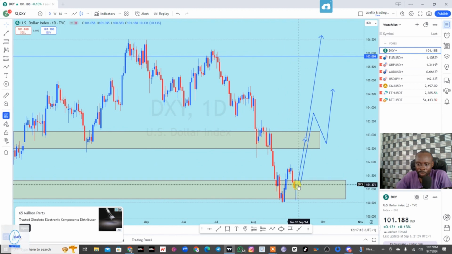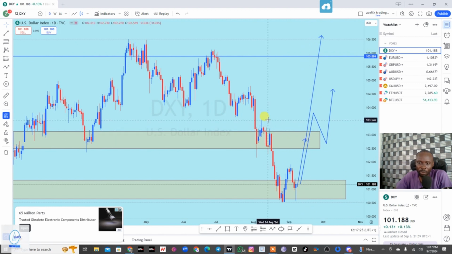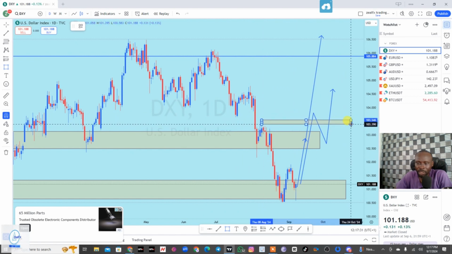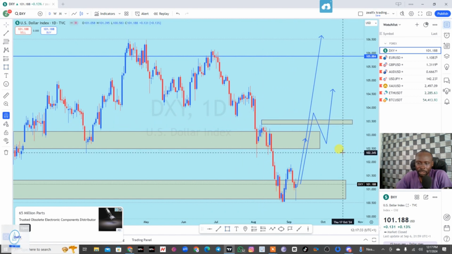This is just a sign of reversal for price to come to this resistance level. But once price closes above this area, it shows that we are completely on a bullish trend for the dollar index.